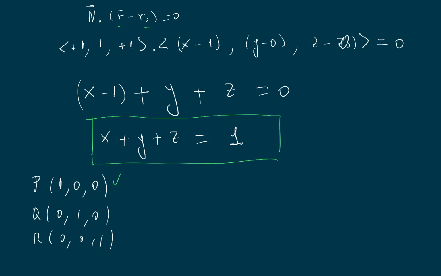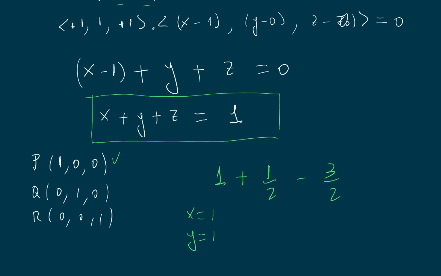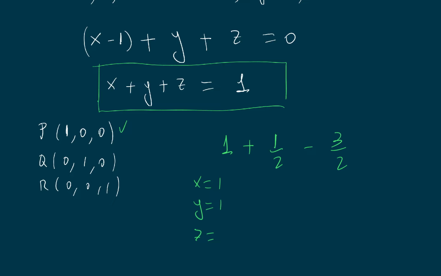And the point R, same, is on the plane. And what other point is on the plane? For example, the point x equal 1, y equal 1, z equal minus 3 half.